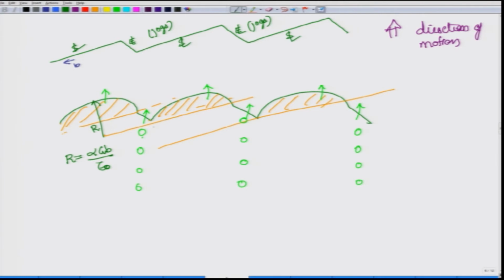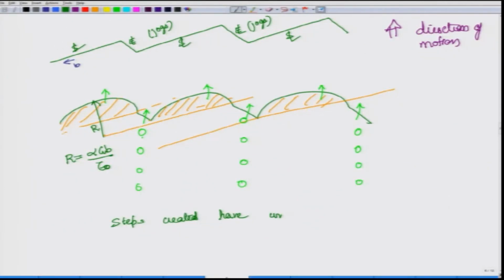In all these cases, the steps that we have looked at, how much would be the length? The length would be 1 unit length, which is equal to 1 Burgers vector.